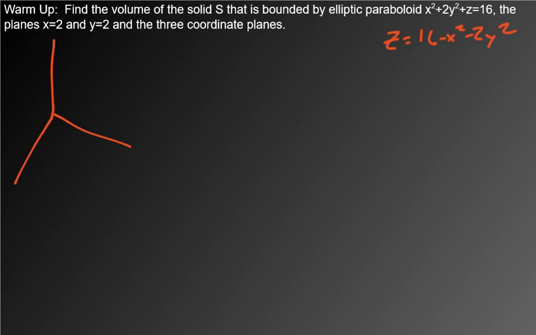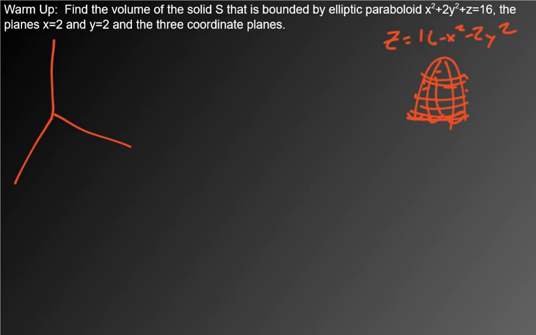I'm not going to get it perfect, but it basically looks something like this. So it's just kind of going down forever. It's like a basket that's been flipped upside down, and that's because of the negatives on the variable terms here. And it's shifted up 16 and things like that.